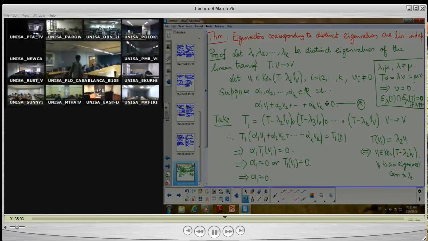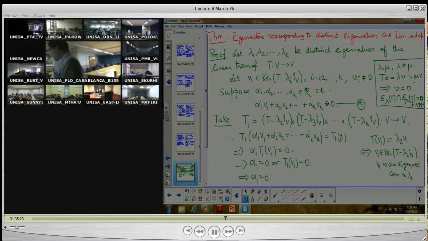They're only common at 0, nothing else, because they're subspaces. Yes, this is a very, very important property. So therefore, it turns out that T1 of V1 cannot be 0.